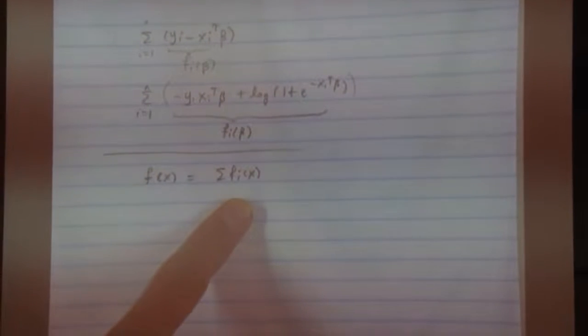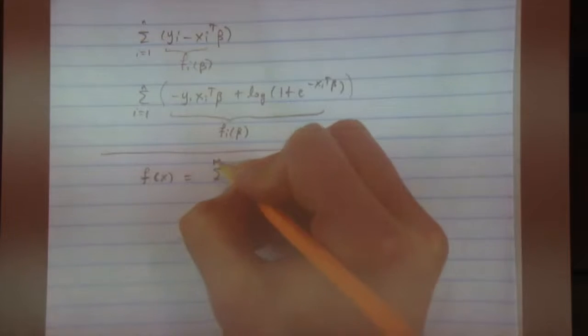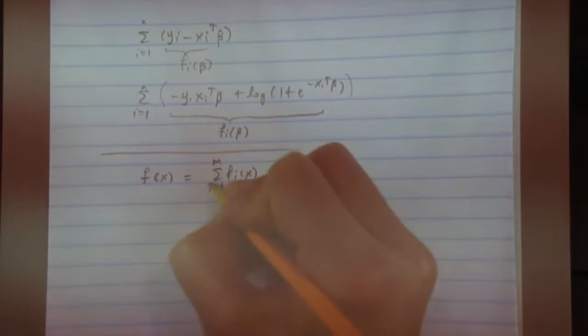In order to do this, we have to compute a subgradient of f. But we know from the subgradient calculus rules, or even just gradients, that to do that we have to compute subgradients of each of the f_i's, and then sum them over all i, from 1 to m. This might be very expensive if m is large.